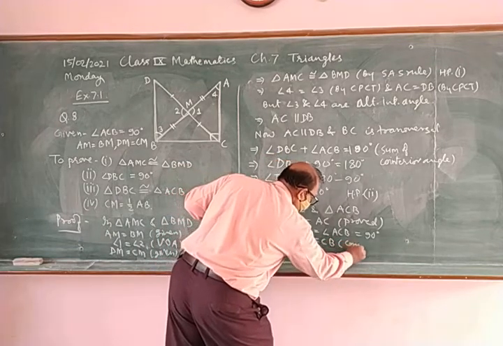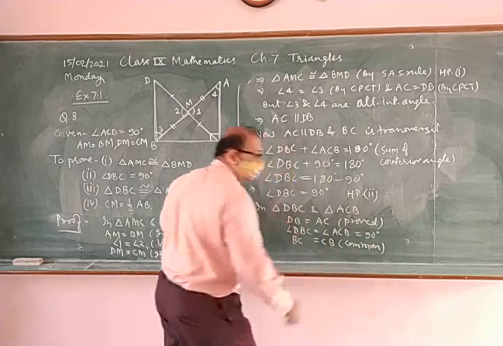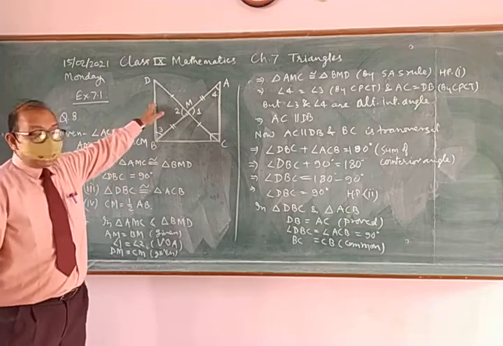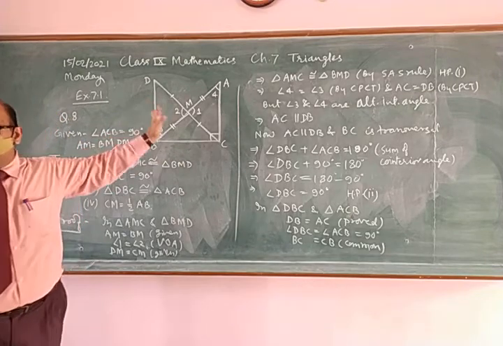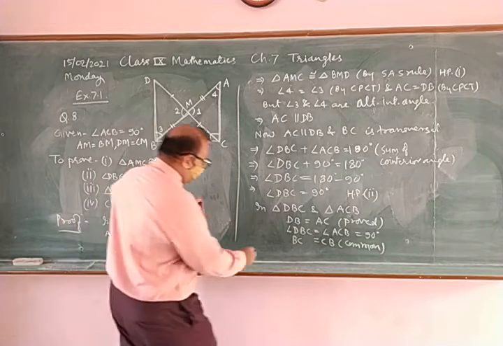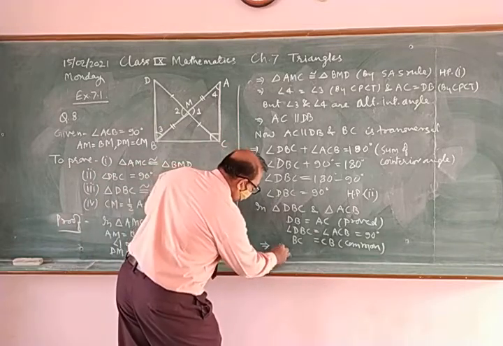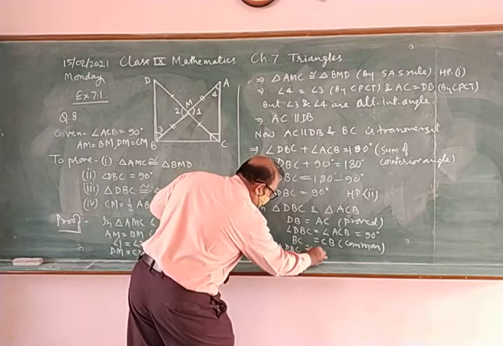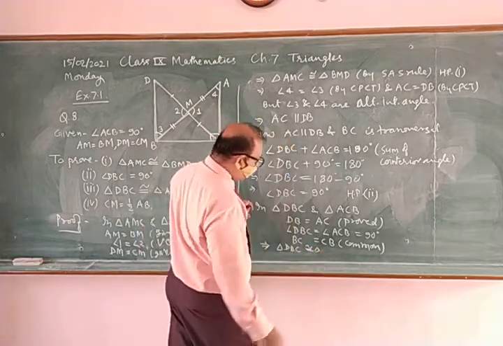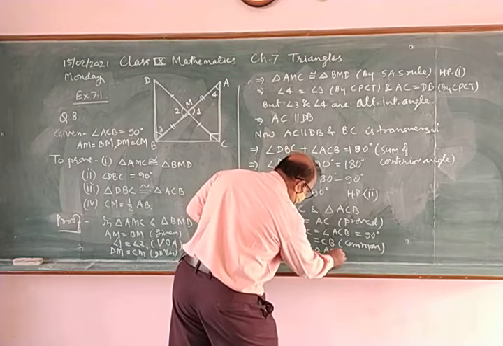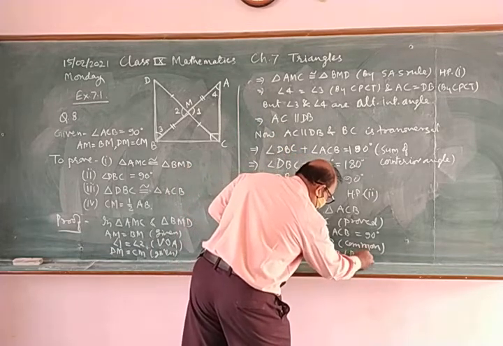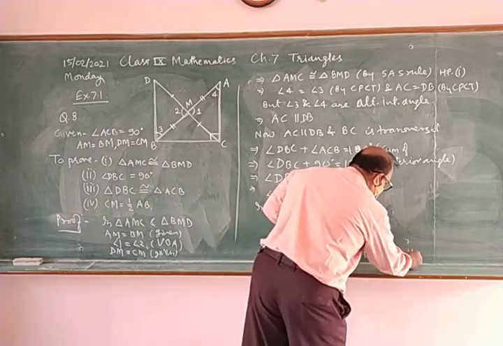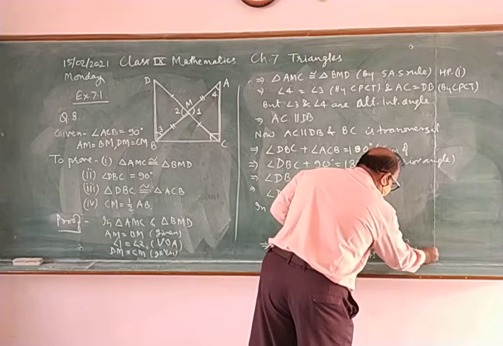It is common. Therefore, by the side angle side congruency rule, these two triangles are congruent. Therefore, triangle DBC is congruent to triangle ACB by the SAS rule. This has proved the third part.